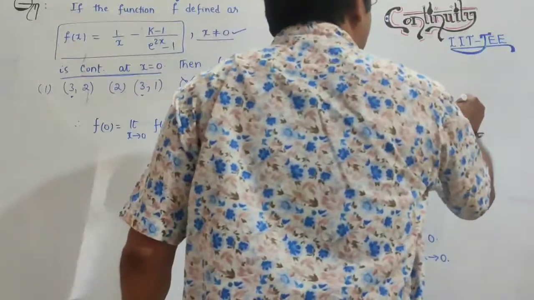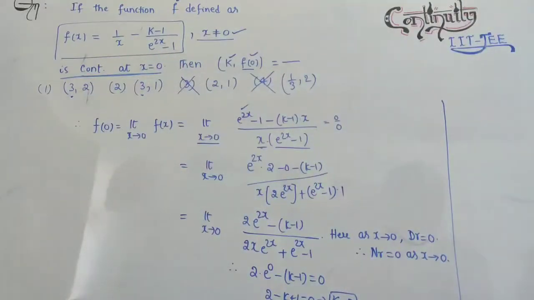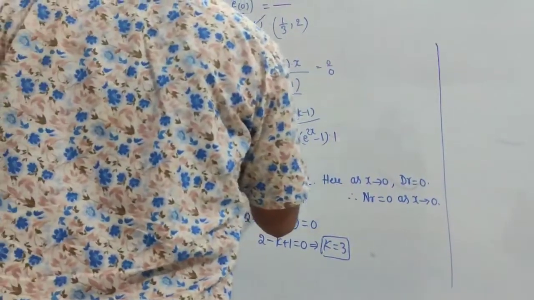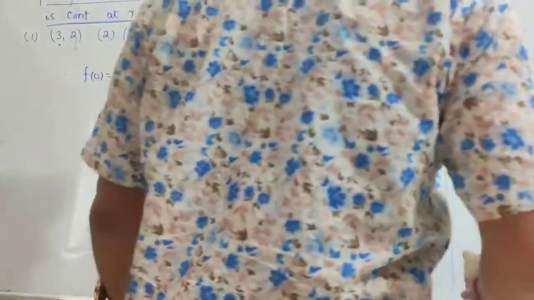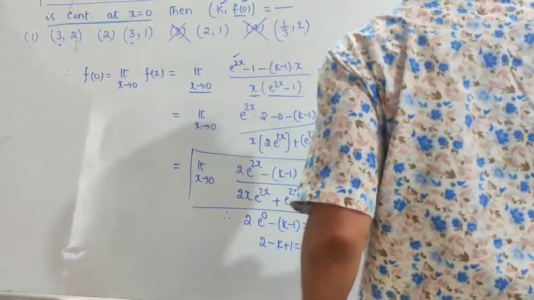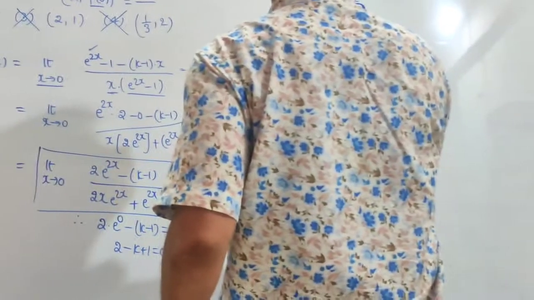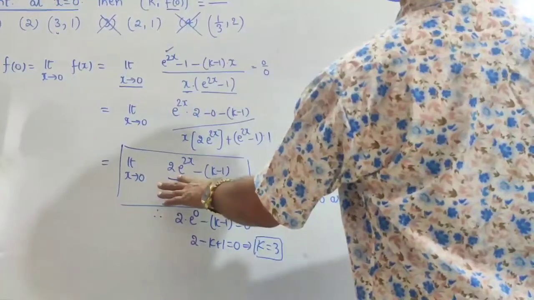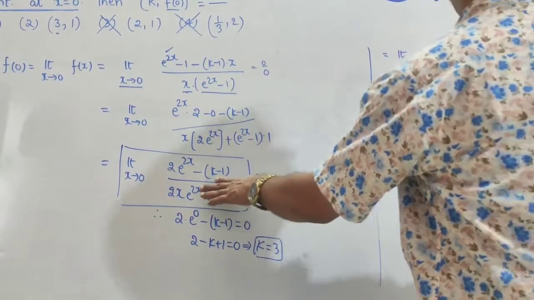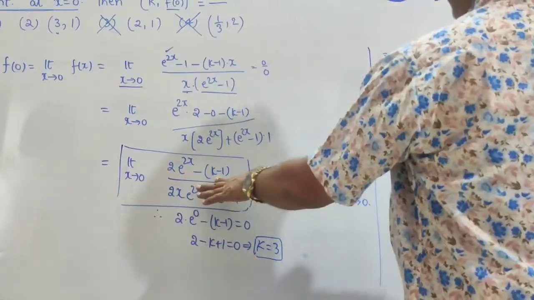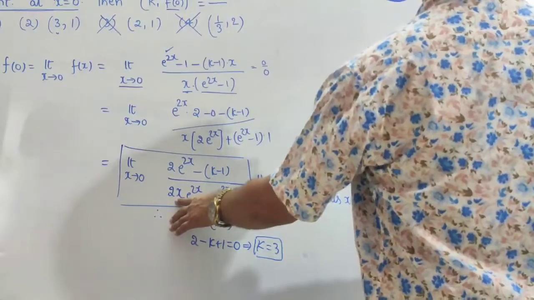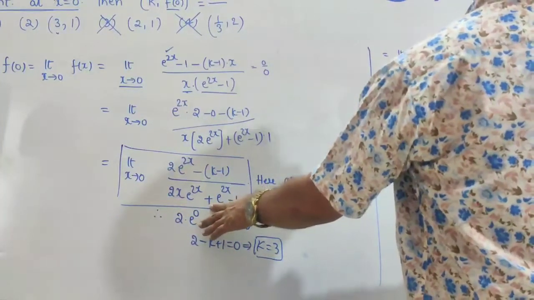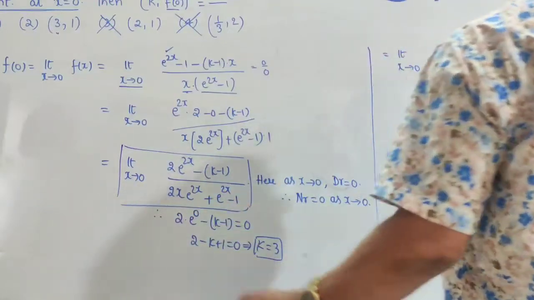Next, let us substitute, that is the back substitution method. Put k equal to 3 in this limit value. So that is equal to limit x tends to 0 of (2 e power 2x, k value 3, minus 2) whole divided by (2x e power 2x plus e power 2x minus 1).